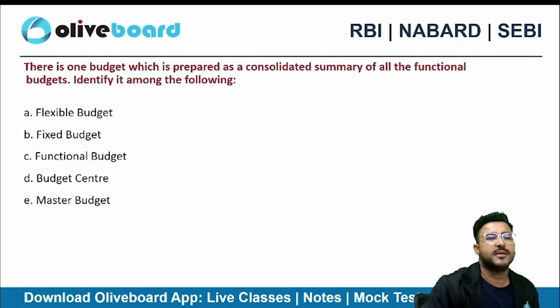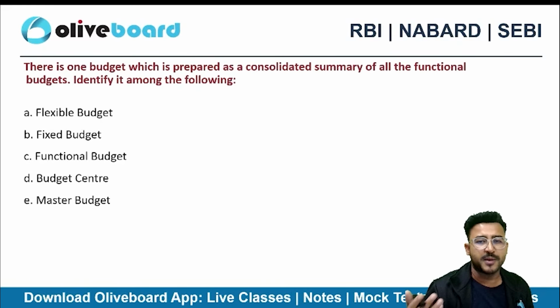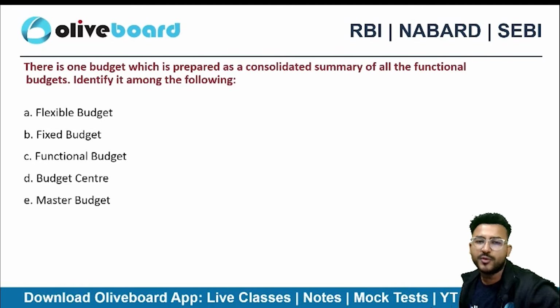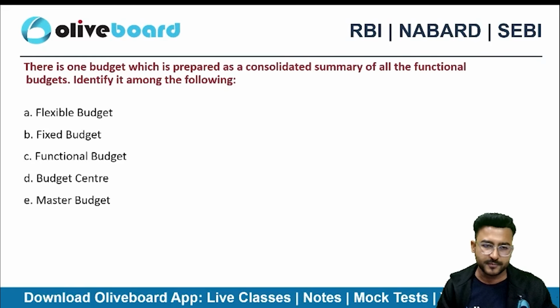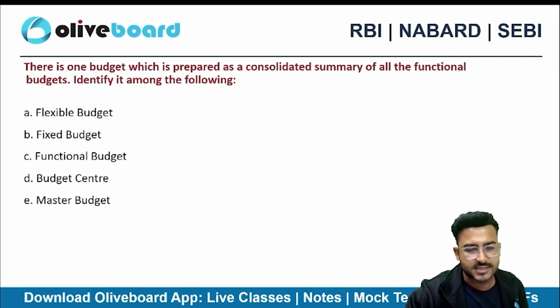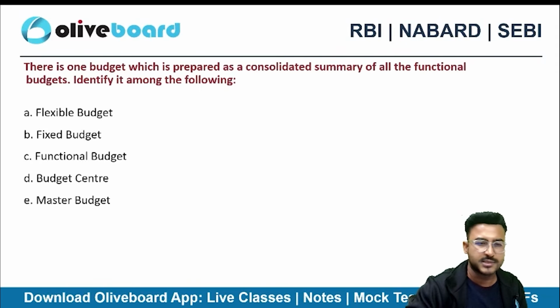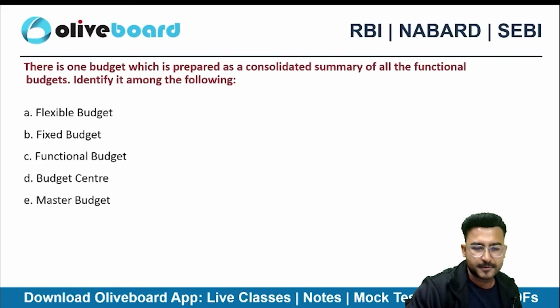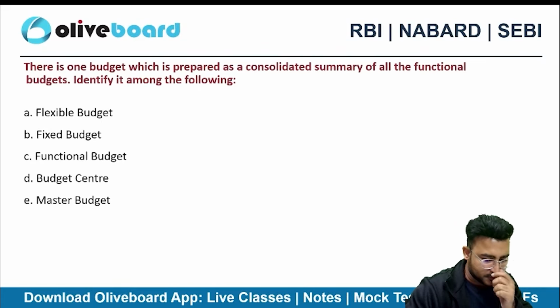Next one, there is one budget which is prepared as a consolidated summary of all the functional budgets, and you need to identify which is the following: flexible, fixed, functional, budget center or master budget. A very simple question from the budgetary control chapter. A very simple chapter.